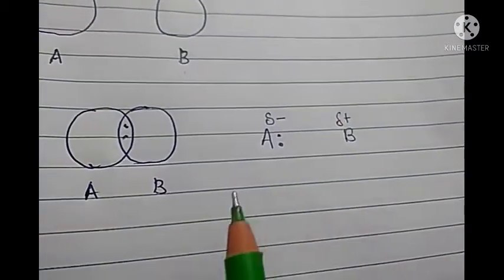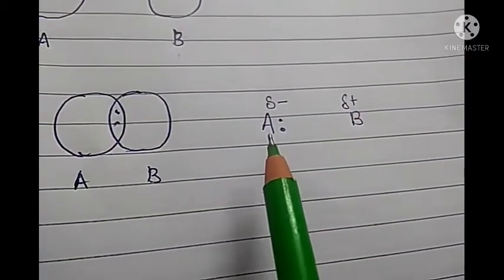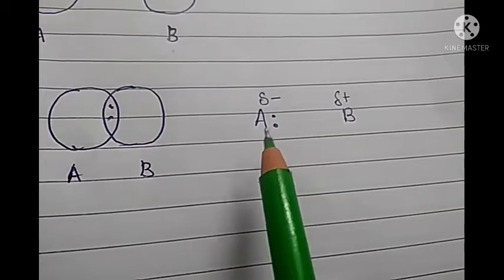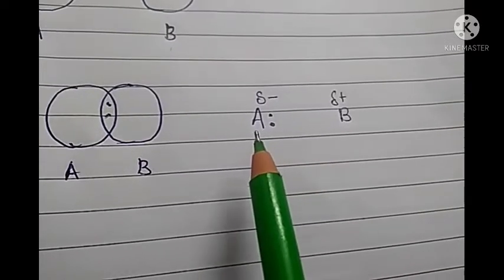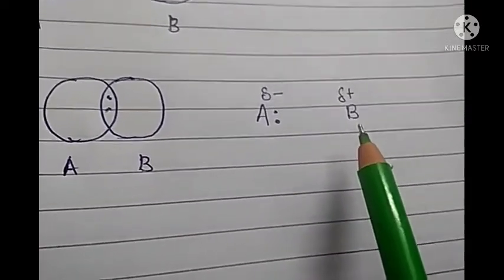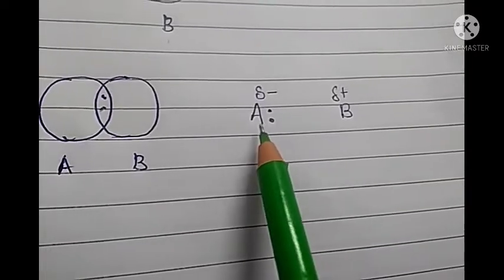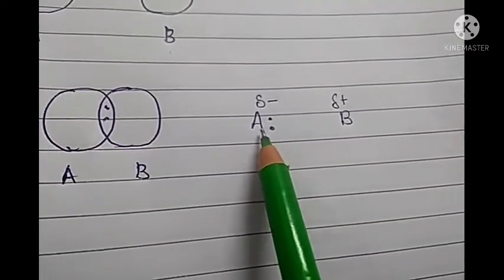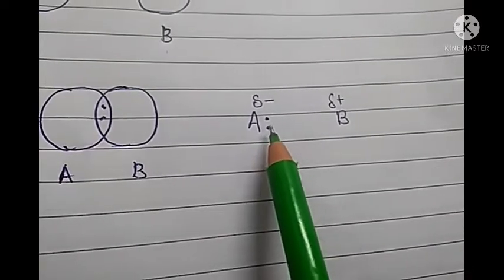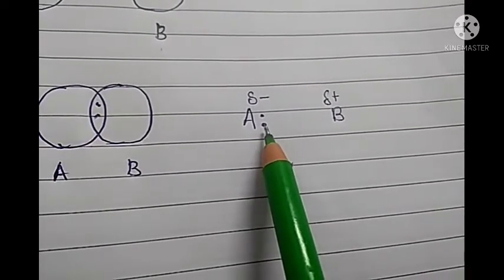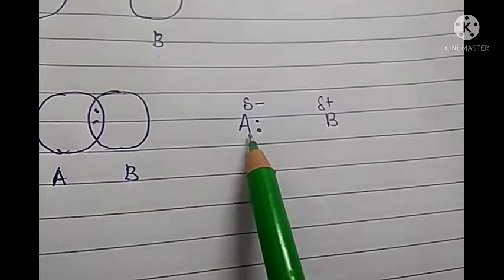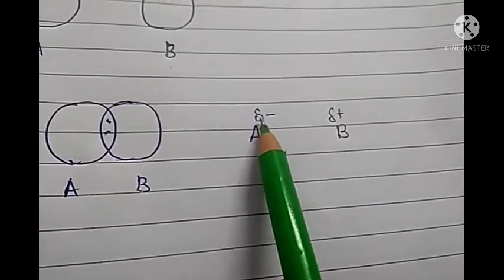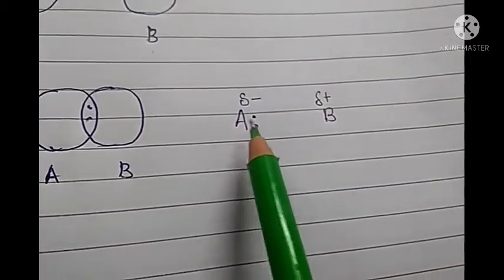Okay, so here A has more tendency to attract the shared pair of electrons. That means A is more electronegative than B. And since A is more electronegative than B, these shared pair of electrons are moving towards A. And we know that electrons are carrying a negative charge. Since both these electrons are remaining close to A, A is getting a small negative charge.